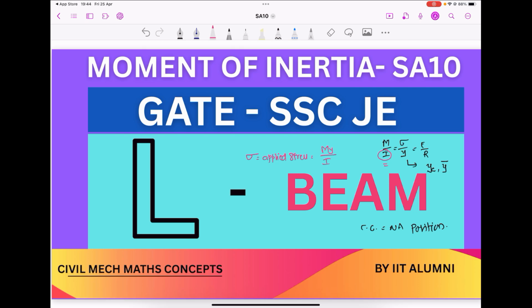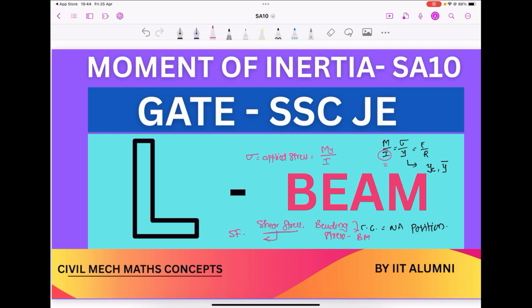Similarly, there will be a shear stress that I will be discussing in the following lectures. One is bending stress, that is due to the bending moment, and another is shear stress, that is due to the shear force.